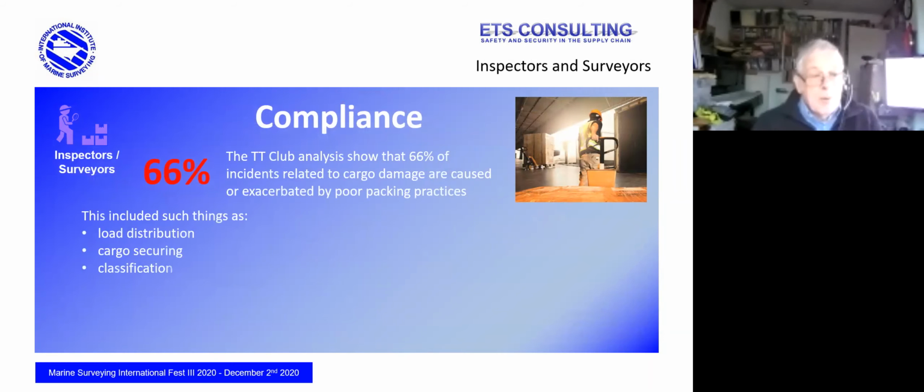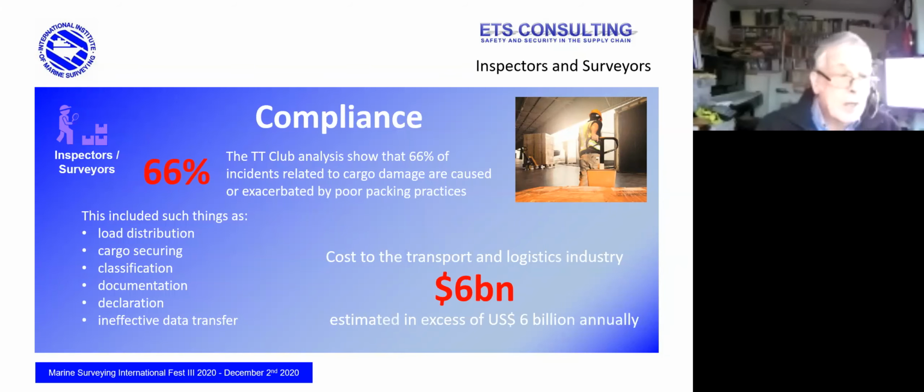The TT Club analysis showed 66% of incidents were caused by or exacerbated by poor packing, which resulted in $6 billion worth of loss or cost to the transport industry. Now, $6 billion may relate to lost cargo, but is also related to the consequential loss as well.